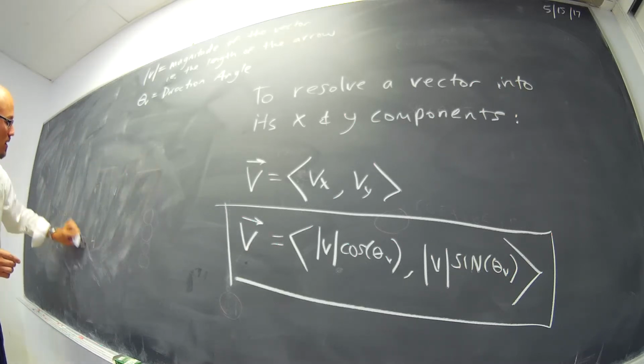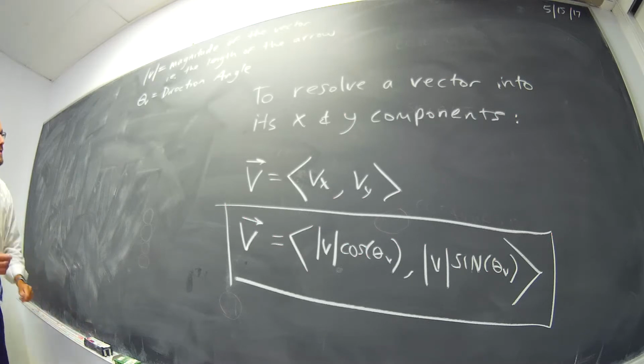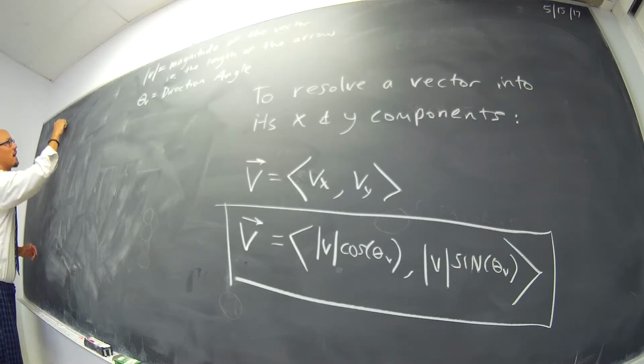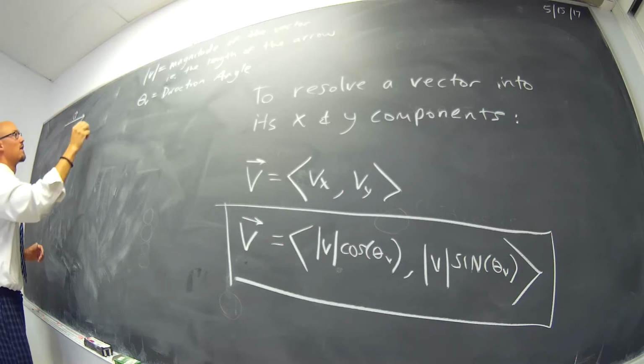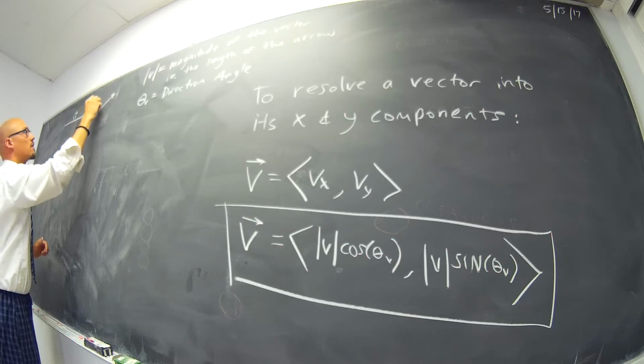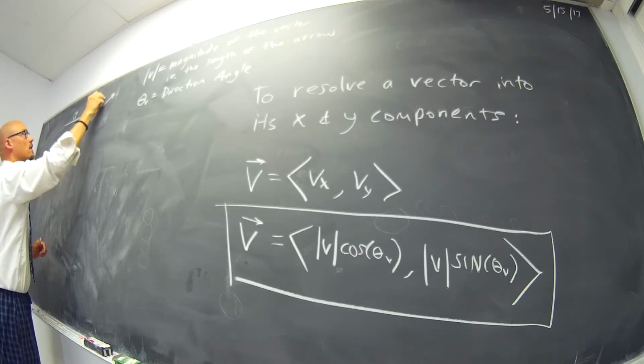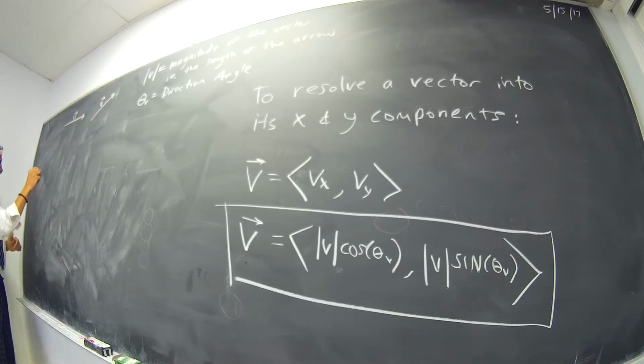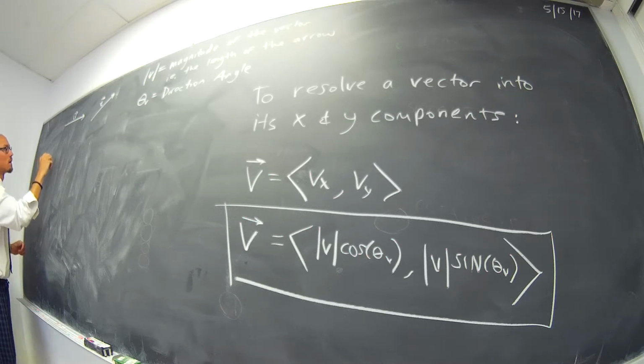And again, we started this last year in mechanics. But let's say we have a vector that looks like this, called u, and a vector that looks like this, called t. And I said, hey, show me what u plus 2t looks like.